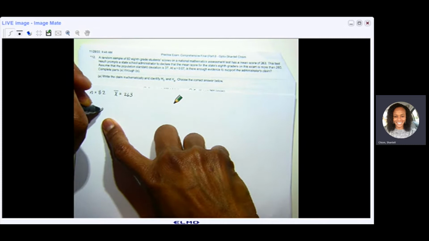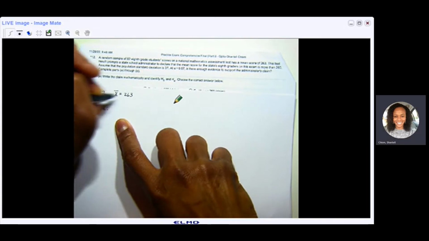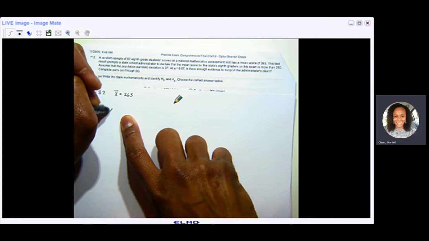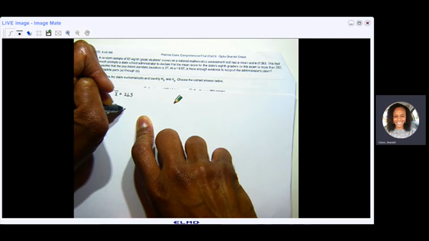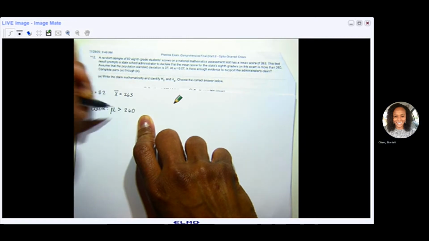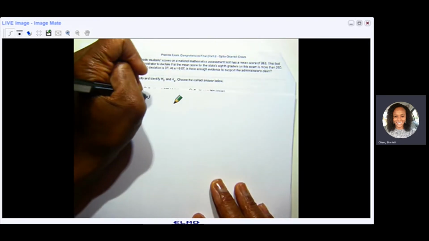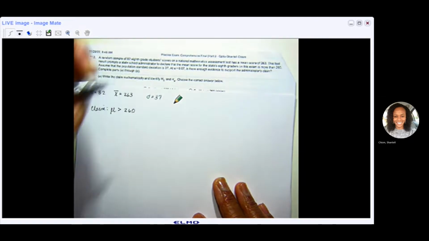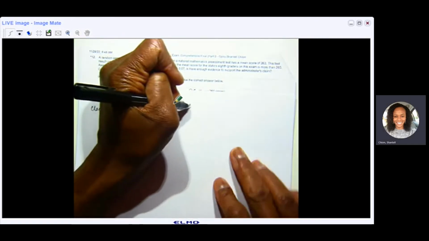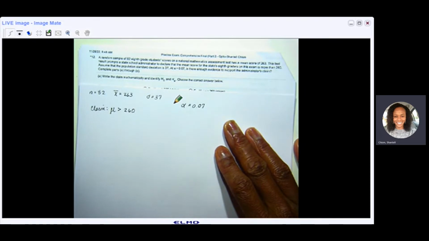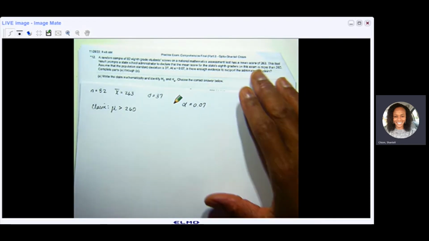Assume the population standard deviation is 37. At alpha equals 0.07, is there enough evidence to support the administrator's claim?